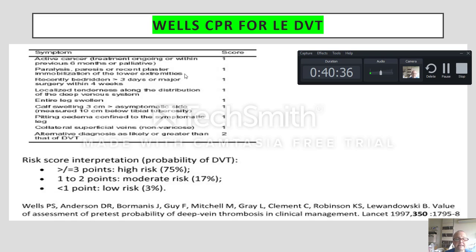Alternative diagnosis as likely or greater than that of a DVT is a 2. So all of these listed here is a 1, which would be a moderate risk, and actually a 2. So you have to be greater than a 2 or less than a 1 to be outside of it. None of these are, all of these are 17% risk. All of them.